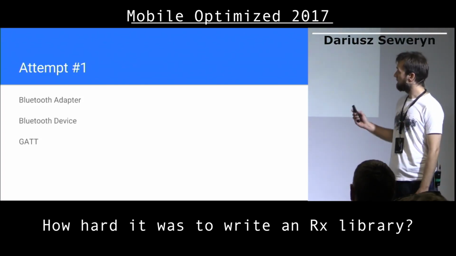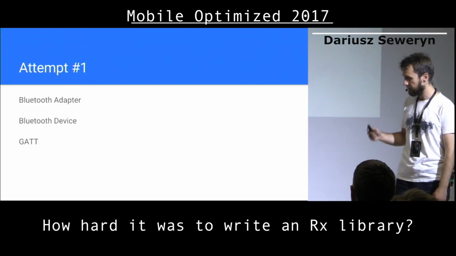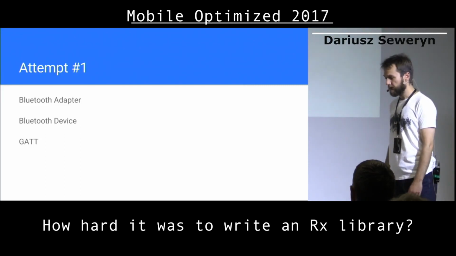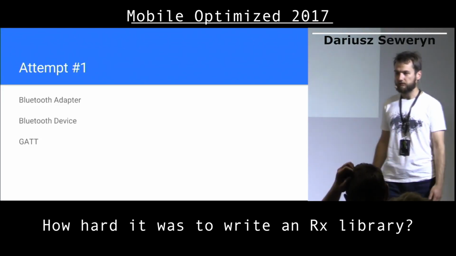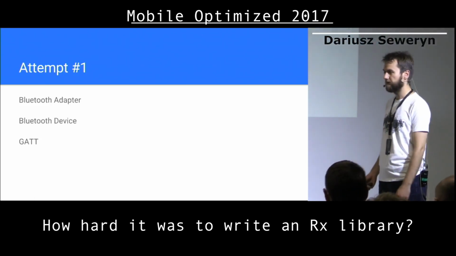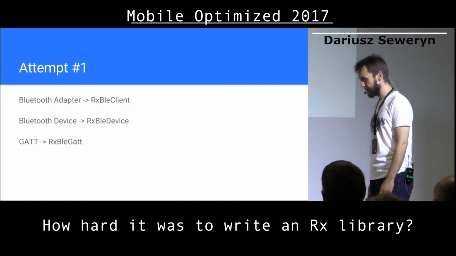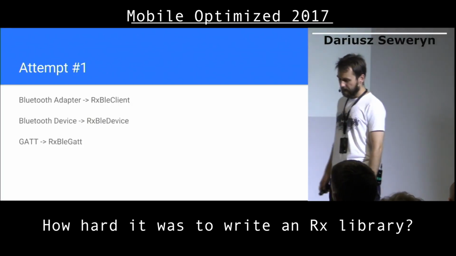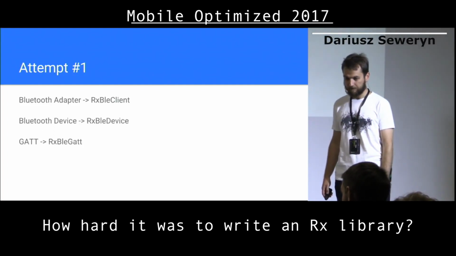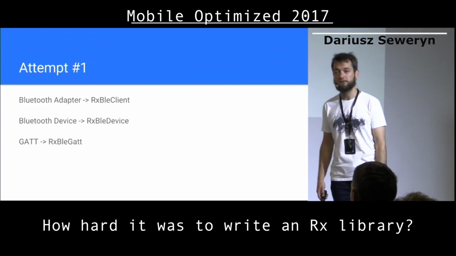When there are many layers of the protocol, the Bluetooth adapter, the Bluetooth device, and the GATT, usually when people are trying to write a new RX library, they're just wrapping the interface that is already there. So that was what I did. And yes, there were Bluetooth client, Bluetooth device, Bluetooth GATT.